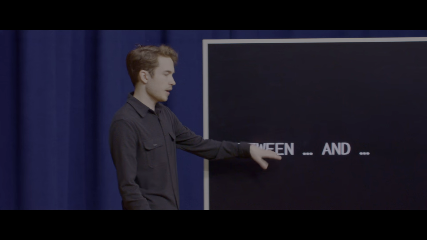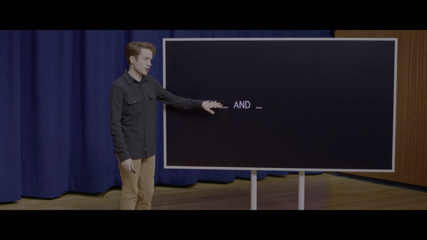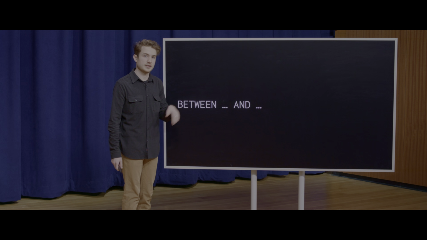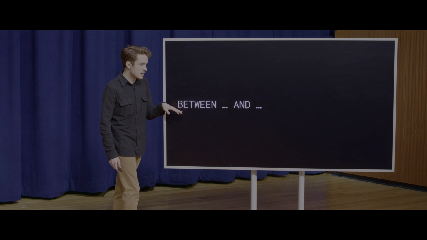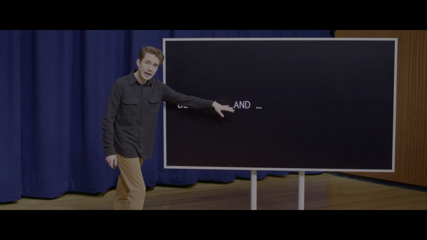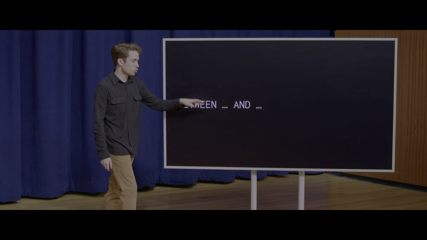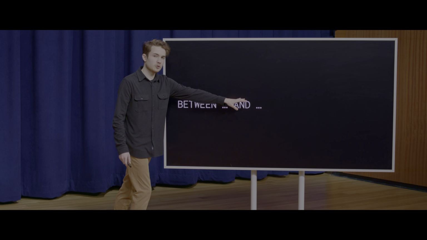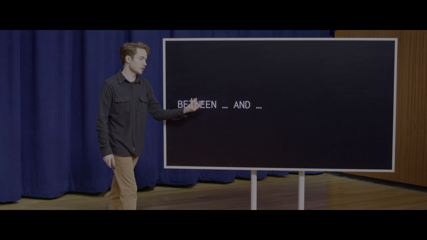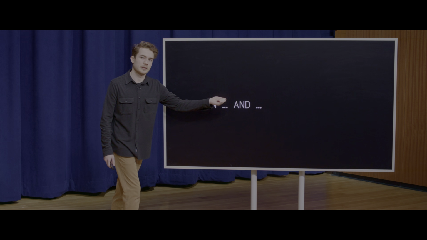Let me go back to some slides and show you we could use these keywords, between blank and blank, where this can be some condition or some number in this case. I could say between, let's say 2019 and 2022. This is inclusive. So if I say 2019 and 2022, I'll get back a query that includes 2019 and 2022.